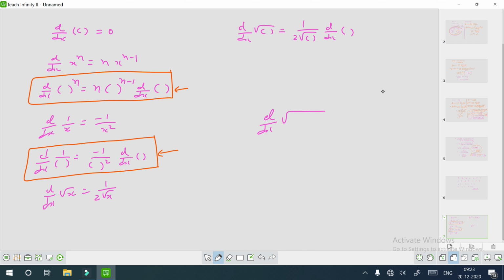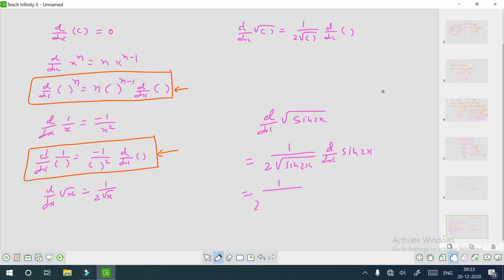d by dx, suppose we wish to find d by dx of root sin 2x. So it is 1 by 2 root of some function into d by dx of that some function, sin 2x.